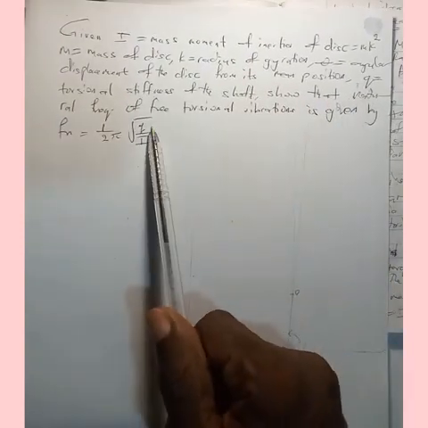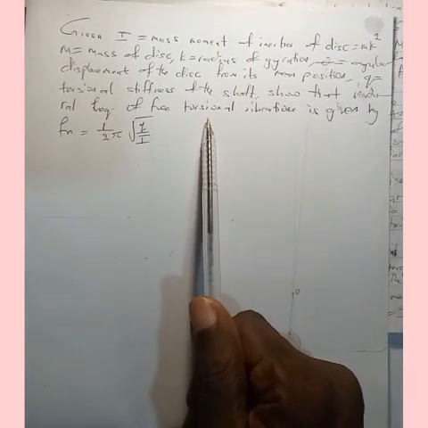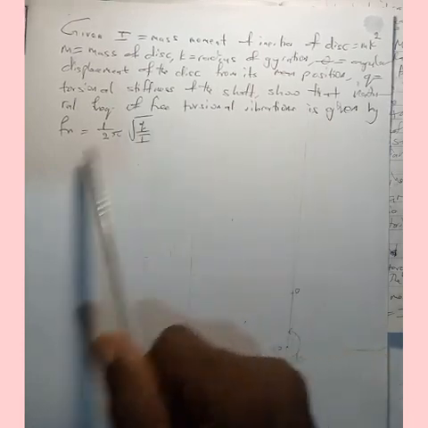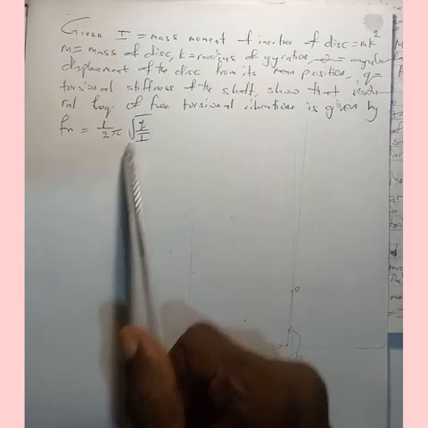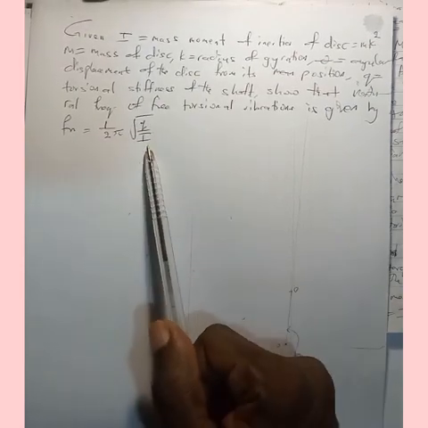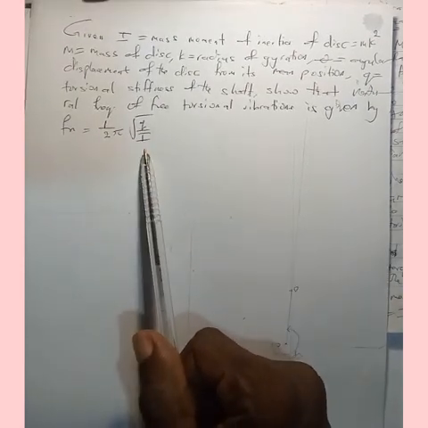The question is, we are expected to show that the natural frequency of free torsional vibration is given by f subscript n equals 1 over 2 pi square root of q over I. So we are expected to prove this.